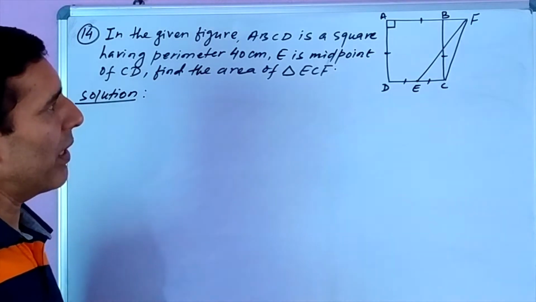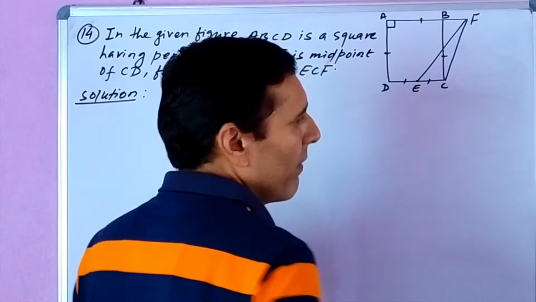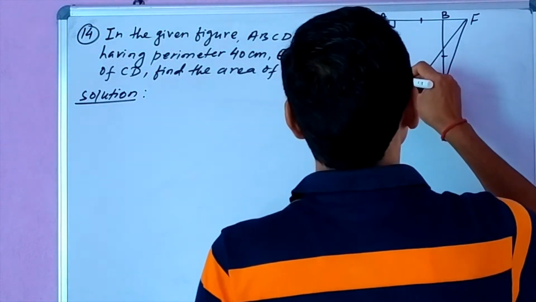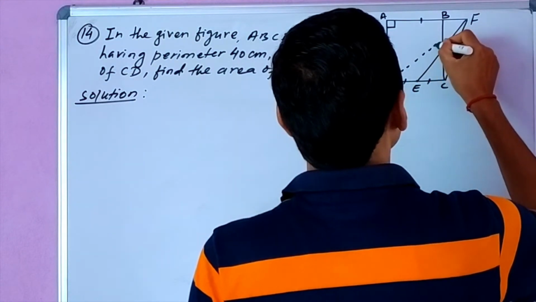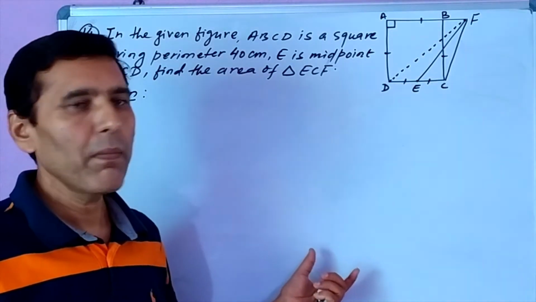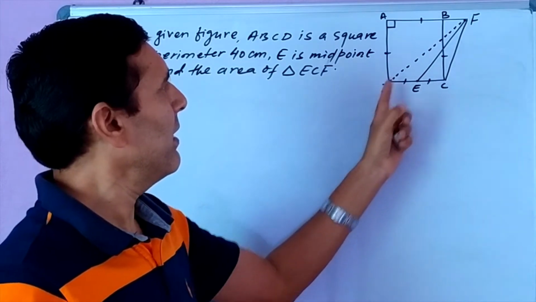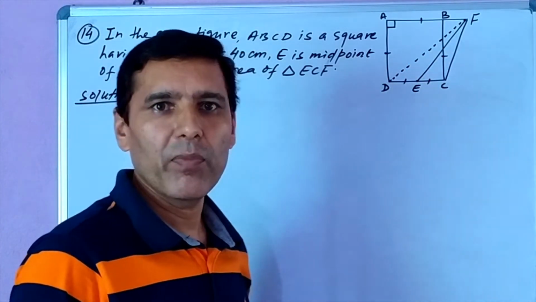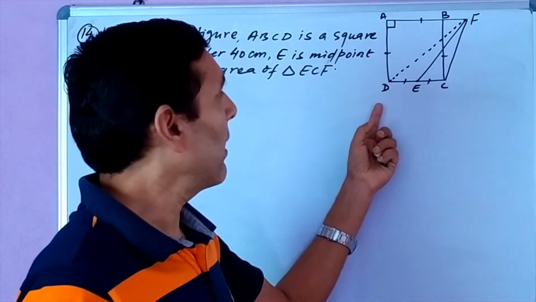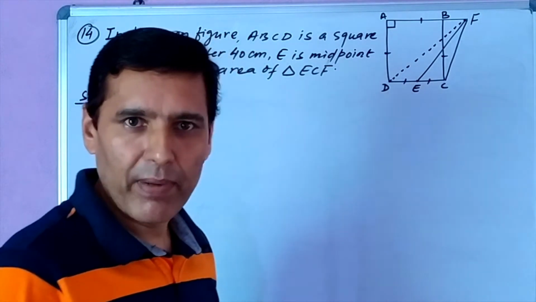But for this we need one construction. Construction is D and F should be joined. We join D and F in this way, because after joining D and F, the area of triangle CDF will be half of the area of the square ABCD, because square ABCD and triangle CDF are standing on the same base and between the same parallel lines.